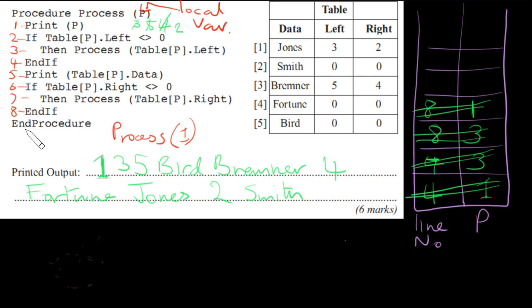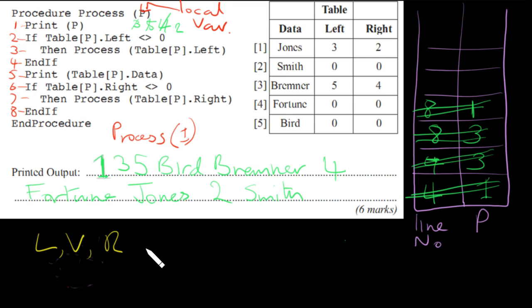So the marks are then 1, 3, 5, 4, 2: Bird, Bremner, Fortune, Jones, Smith. Now there we go, so there is the thing finished there for the 6 marks. Now you might have noticed what it's doing there, or you may not, but essentially what it's done is a left, visit, and a right, LVR.